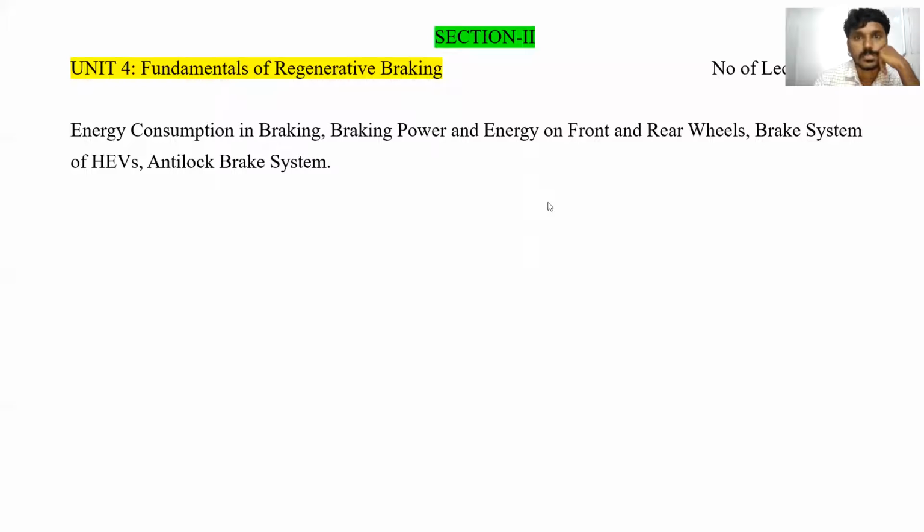Clear? In addition, in yesterday's lecture I explained regenerative braking systems. So almost all the content in the 4th unit is completed, and extra we have completed the regenerative braking system as an additional topic. Clear?